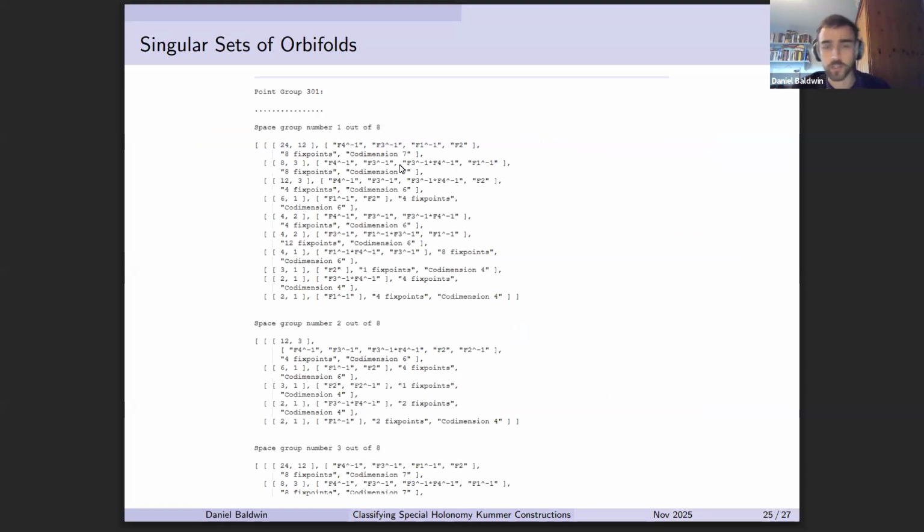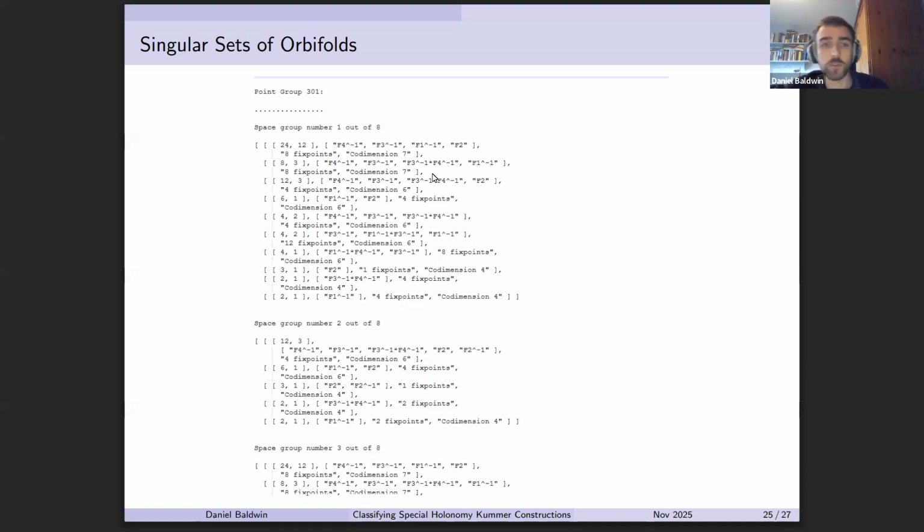I'll just flash this. This is an example of the output of our code, which analyzes the singular set of a given Kummer orbifold. The first block here is the singular set of one particular orbifold. The first row means it has a component of its singular set which is codimension 7, and the singularity is of the form R^7 modulo this order 24 group, with GAP ID 24,12.